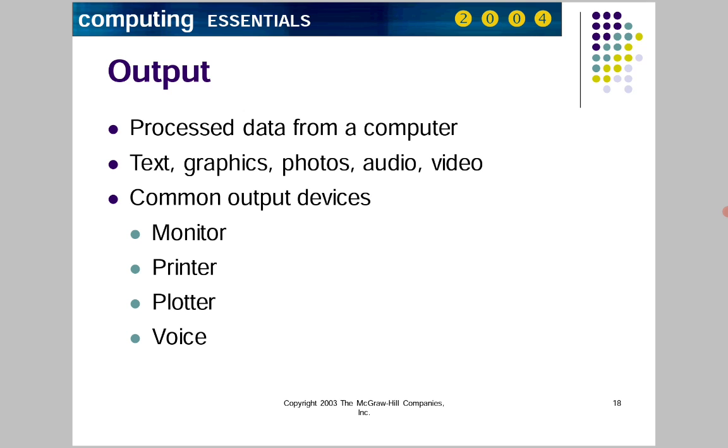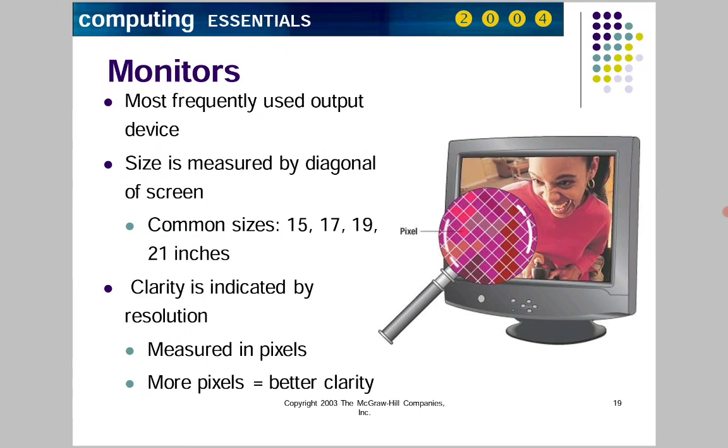Common output devices are monitors, printers, plotters, and speakers. A monitor is a standard output device, generally used to display text, images, and graphics on the screen. The size of a monitor is measured by the diagonal of the screen. There are different sizes of monitors, like 15 inches, 17 inches, 19 inches, 21 inches.